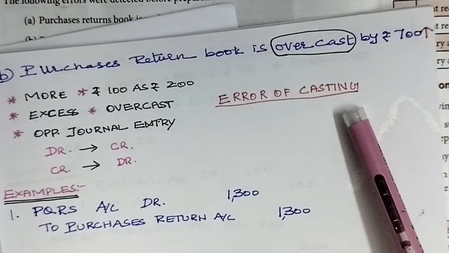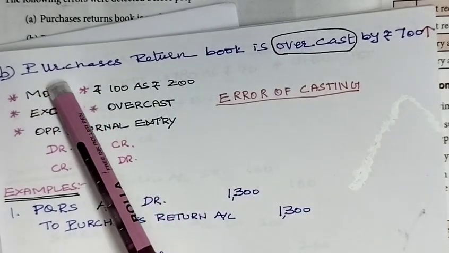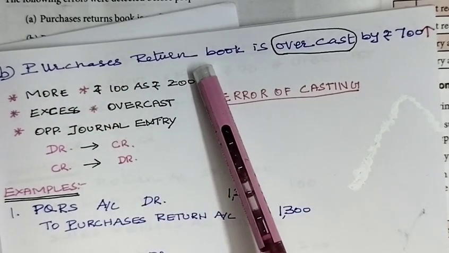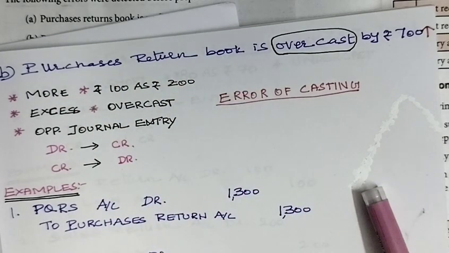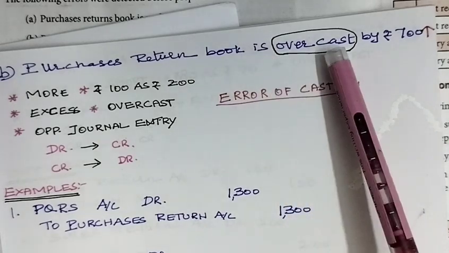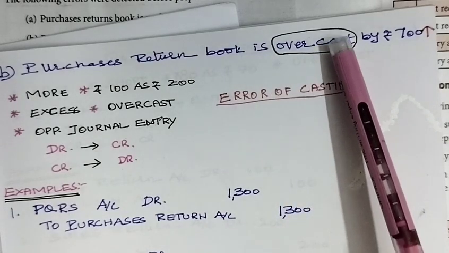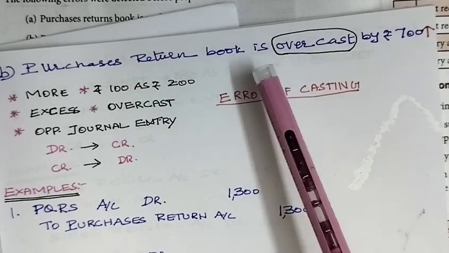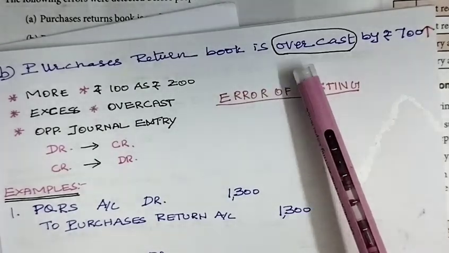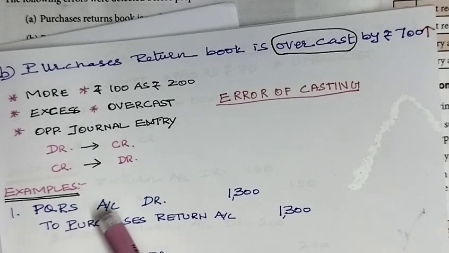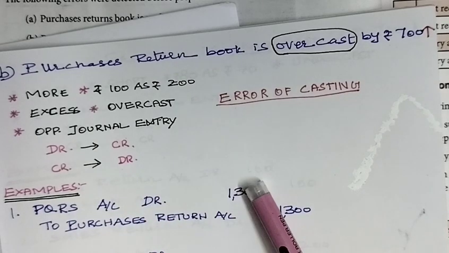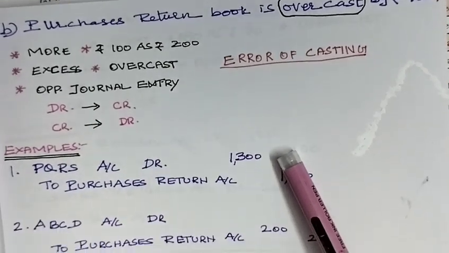Say for example, where does the purchases return book show? The purchases return book shows on the credit side, right? So overcast means you follow the opposite journal entry, which means you have to show the purchases return book on the debit side.